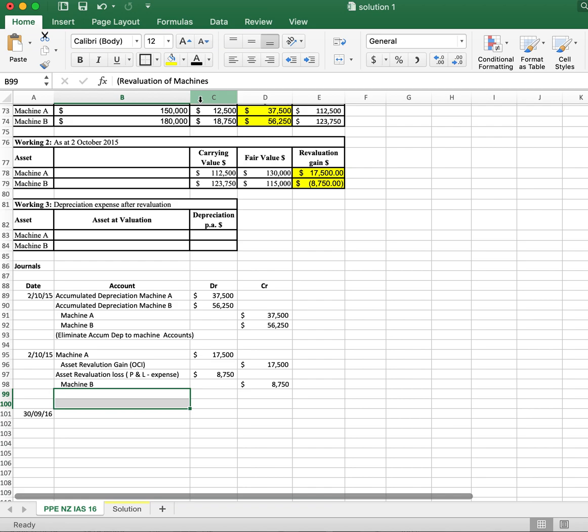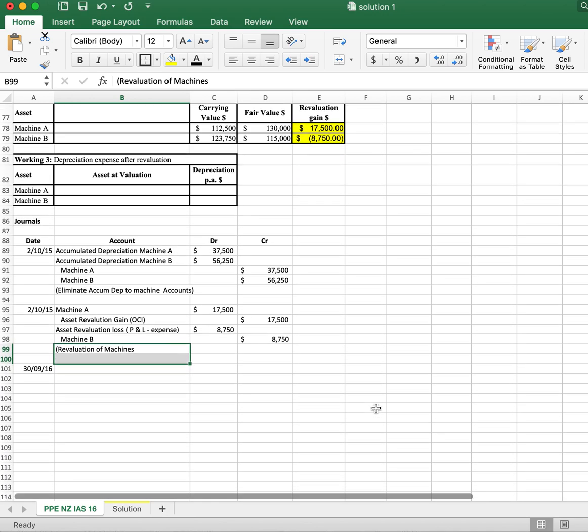Okay, so that's pretty much the first part of it done. So we've revalued the machines using the elimination of accumulated depreciation method. Now the machines will show in the books at the fair value as per that valuation. So that's how we do the journal entry, okay?